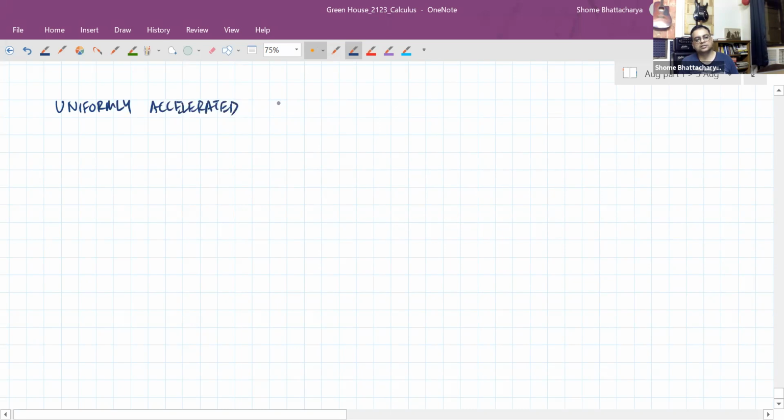Now let's come to the special case of uniformly accelerated motion along a straight line. We have talked about this in the board lecture also, but we'll discuss in more detail now. 1D motion is the same thing as motion along a straight line.